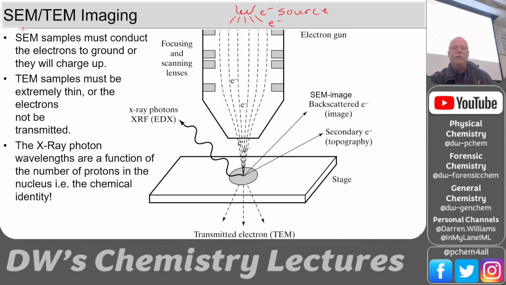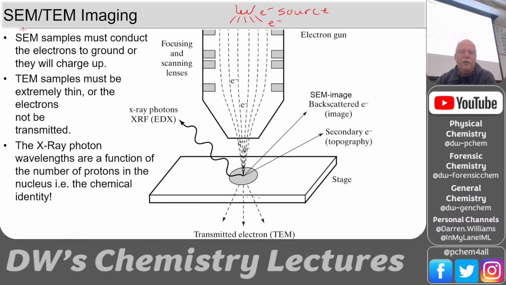Then we can use negatively charged rings and focus those electrons and treat them like optics. So this is electron optics or scanning lenses. They're not glass lenses. They're just little rings that we can very accurately set their charges. So we can charge those up negatively, and these negatively charged electrons will be repelled by them, and we can focus them at will. We can scan them around and so on. And so we blast the surface with these electrons.